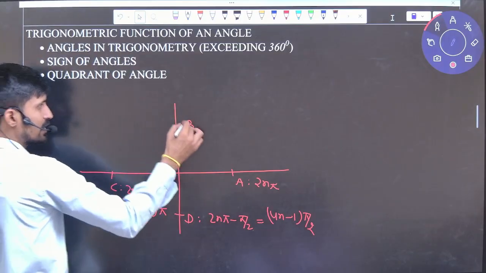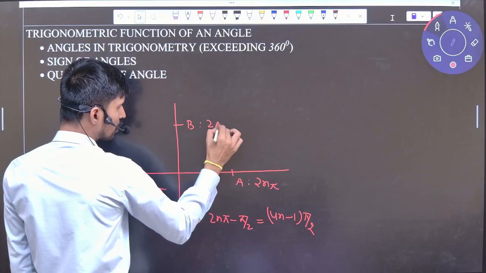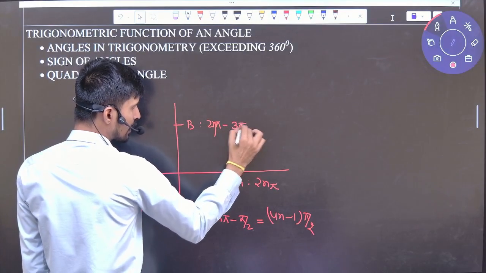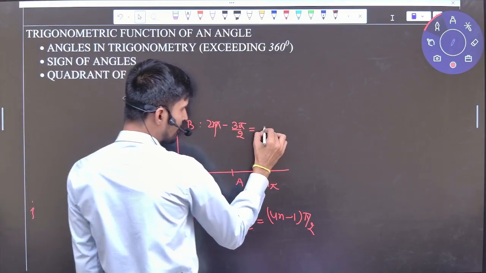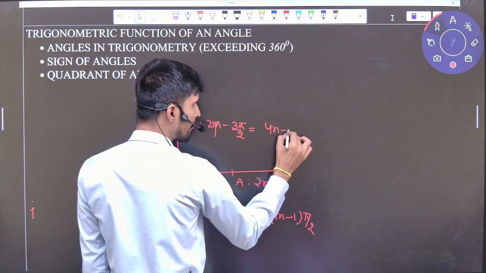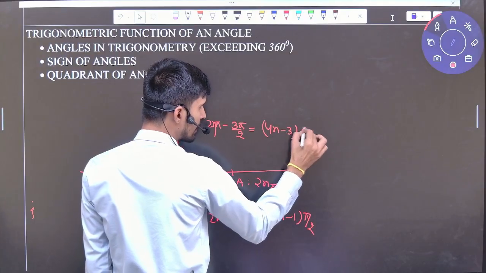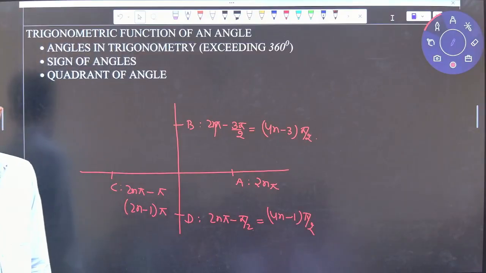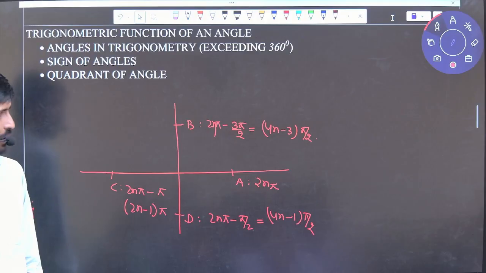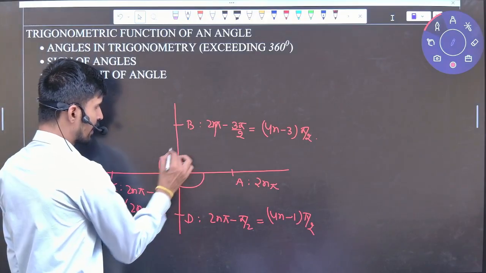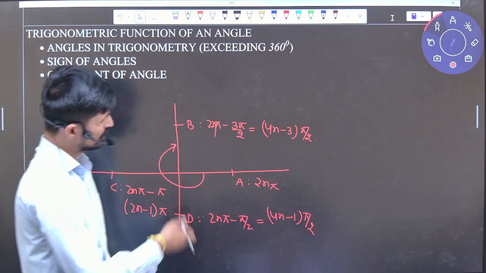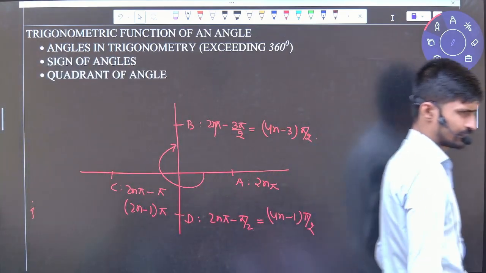Again, you go in this direction, that will become 2n pi minus 3 pi by 2, and that will come (4n minus 3) pi by 2. Okay. So in this direction you can write. If you want to draw some other figure, you can draw some other figure also. No problem.